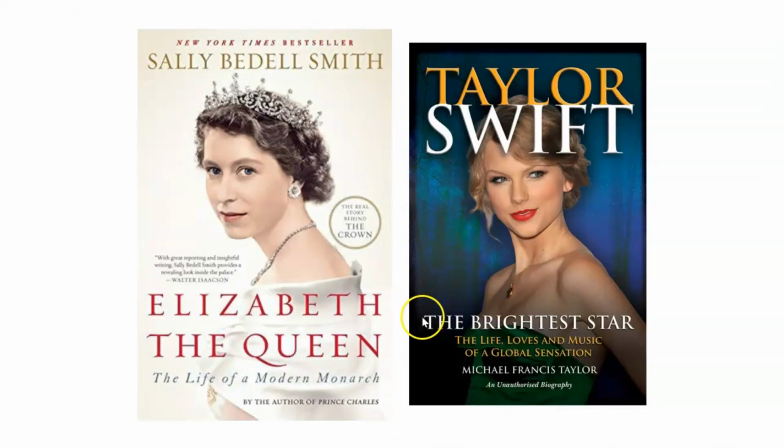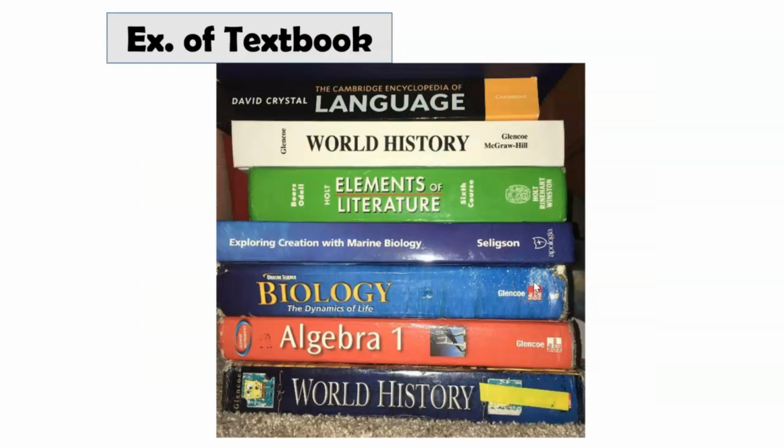More examples of biography are as follows. We have Elizabeth the Queen. This is her biography. And this one is Taylor Swift's biography. Another example of informative text is textbook. Particularly, these books are prescribed by a professor or a teacher for a specific course or subject, like language, world history, elements of literature, algebra 1, and more.